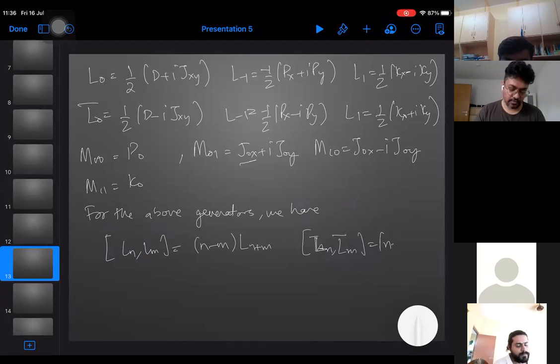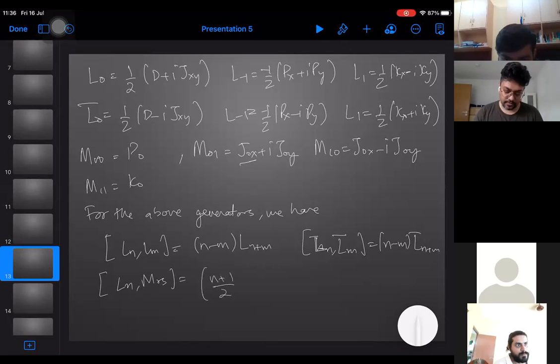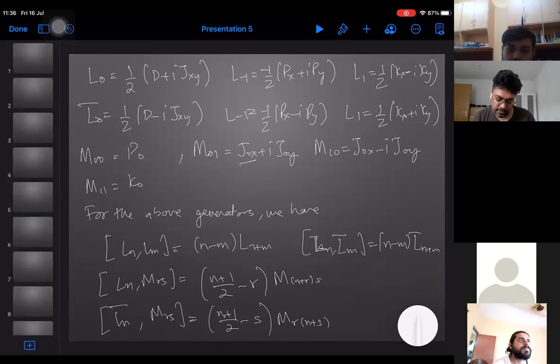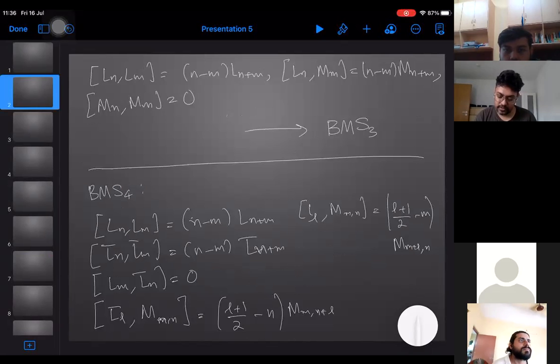So everything here is from the field theory, from the conformal side. n plus 1 by 2 minus r, s. Similarly for the bars, this is n plus 1 by 2 minus s, where this is r n plus s. Okay, so you have already seen this algebra before. In the beginning I showed you this for the BMS.